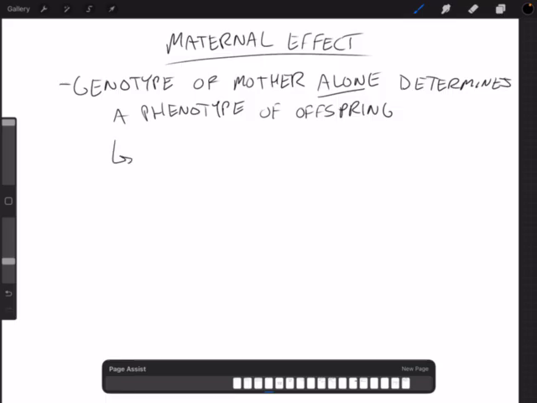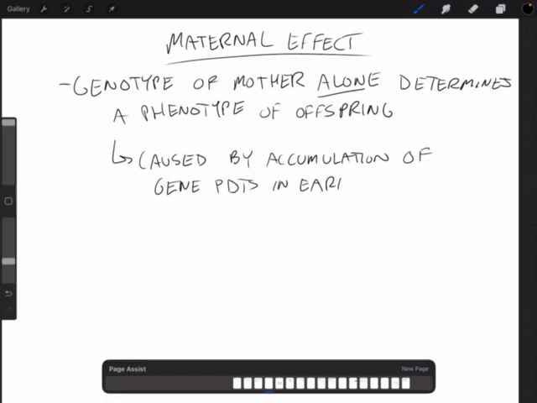And the reason is that this is caused by an accumulation of gene products in the early embryo. Okay, so what does that mean?